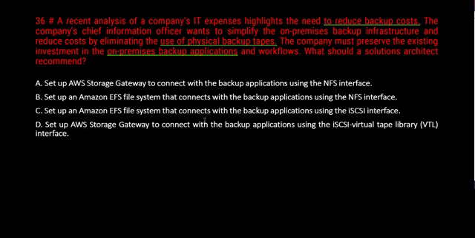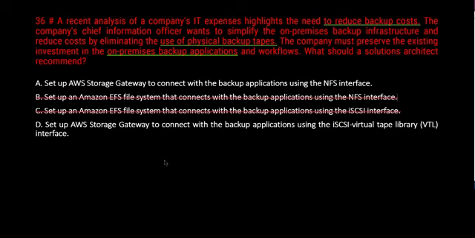So when you think about that, a few things should come to mind, like tools that will let you access the storage on cloud from on-premise, which is Storage Gateway. So we can go ahead and cross this out, because Storage Gateway is the only thing that will let you access AWS cloud storage from on-premise.